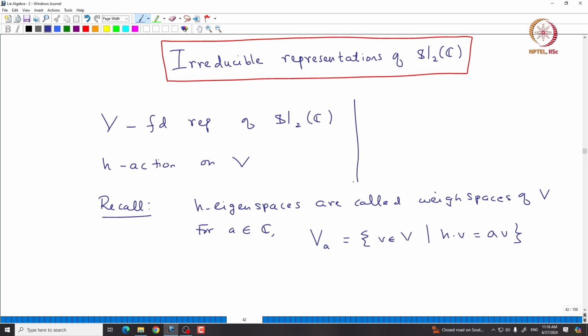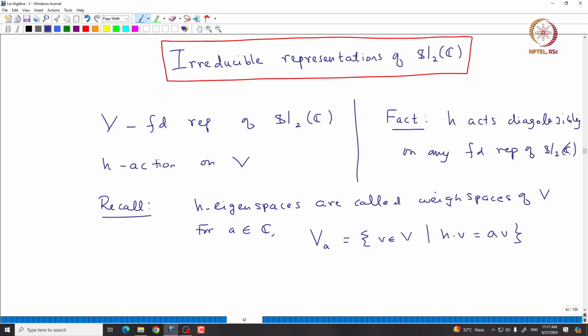H always acts diagonally on any given finite dimensional representation of sl2c. This is the fact which will be proved later.